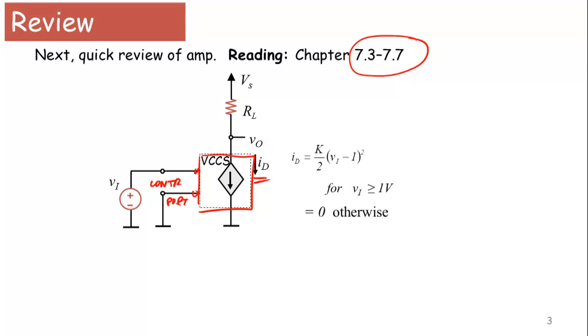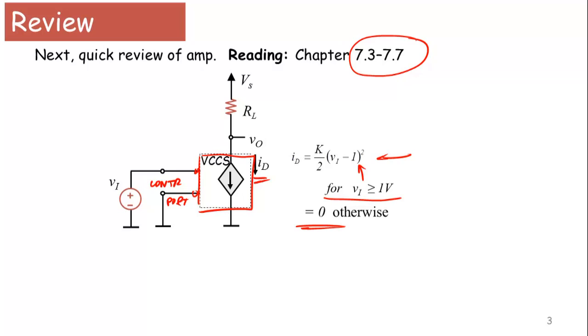And in the example that we covered the last time, the current ID was related to the input voltage according to ID equals K divided by 2, where K is some constant, times VI minus 1 all squared. And we said, for the example dependent source, VI needed to be greater than 1 volt for this current source relationship to apply. So when VI was more than 1 volt, then the dependent source had a current given by K divided by 2, VI minus 1 whole squared. And when VI was less than 1, then the dependent source shut off.